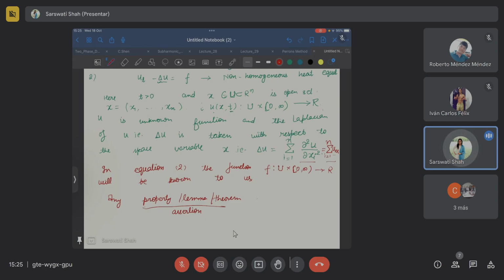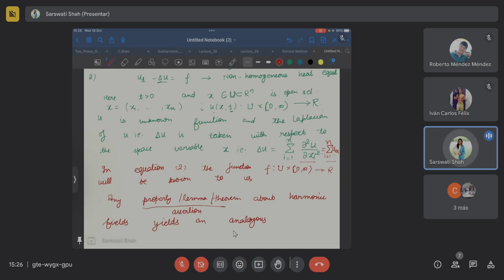You have any assertions about the harmonic function, there is an analogous one, but for sure it will be more complicated.